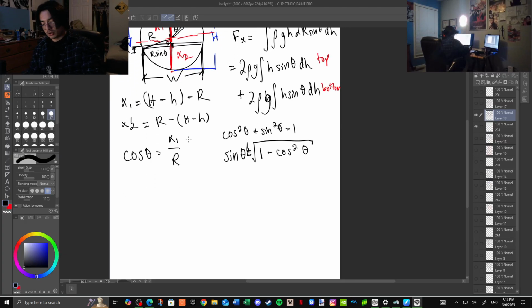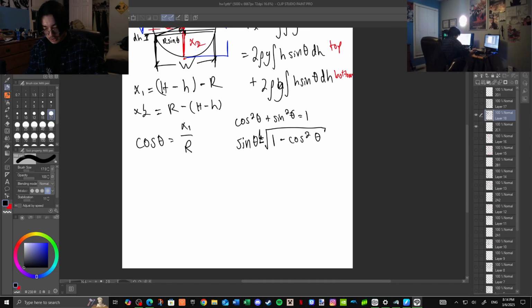And so then we can incorporate this cosine into this, but only after we take it to the power of 2. So we have 1 minus x1 squared over r squared.